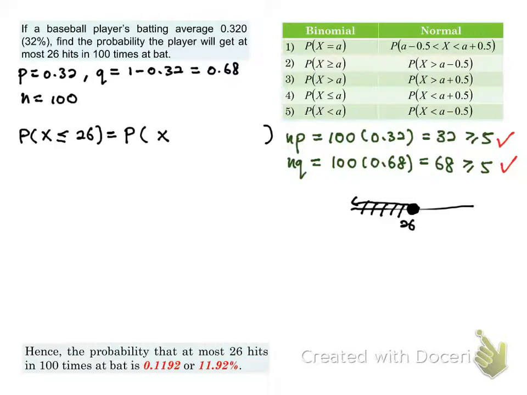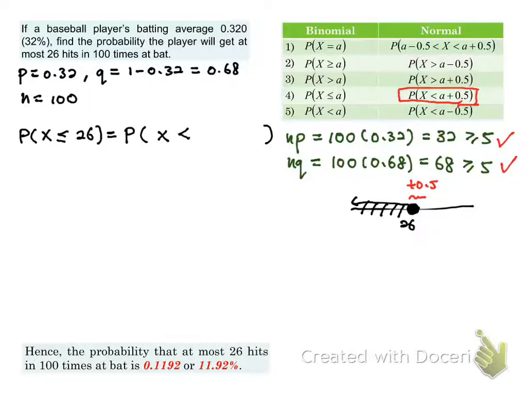Do you notice that when you draw the black dot, it includes this part as well? So we need to plus 0.5, am I right? So we refer to this case. I would prefer you to understand it rather than just memorize the table. Get what I mean?